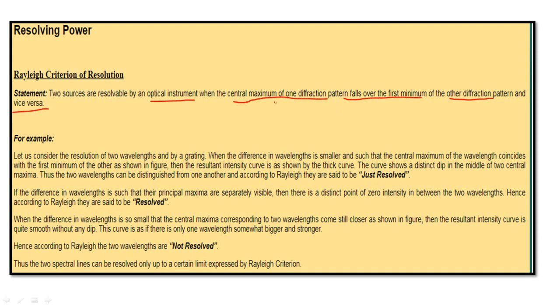So if there are two wavelengths in a given source of light and they produce diffraction patterns on the screen such that the central maximum of one wavelength falls over the first minimum of the other, and vice versa, then such wavelengths are said to be just resolved according to Rayleigh's criteria for resolution. We will see with the help of the next slide what is meant by just resolved, well resolved, and not resolved wavelengths.